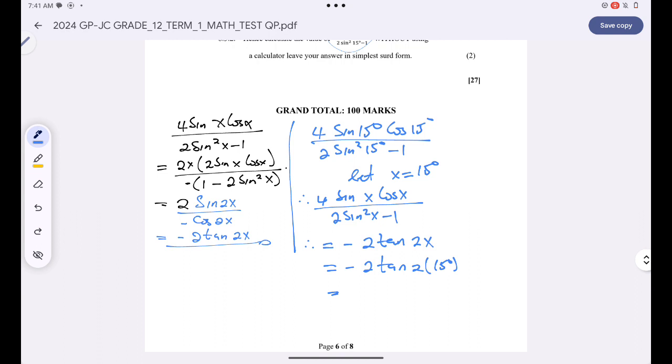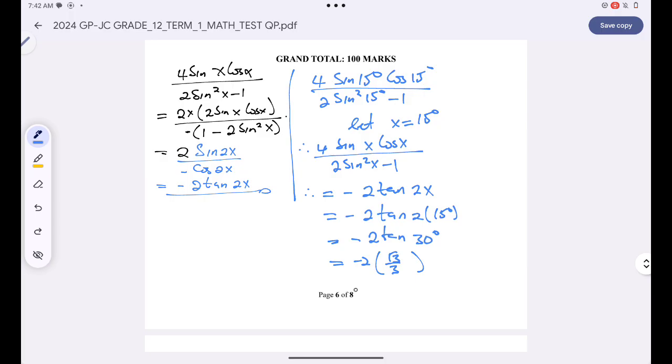So this is just negative 2 tan of 30 degrees. What is tan 30 degrees? Remember that tan is always y over x, right? So you'll simply get root 3 all over 3. So your final answer is just 2 times root 3 over 3.